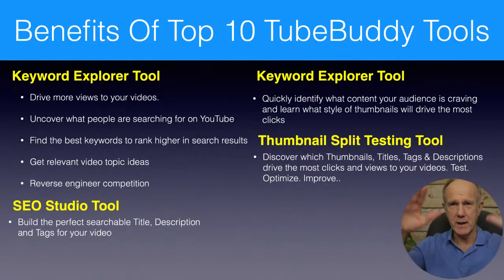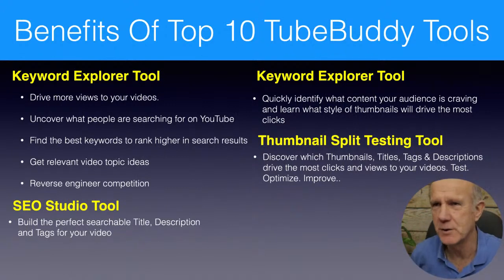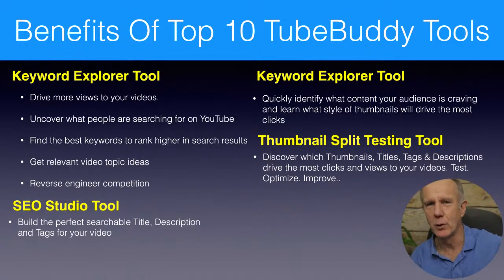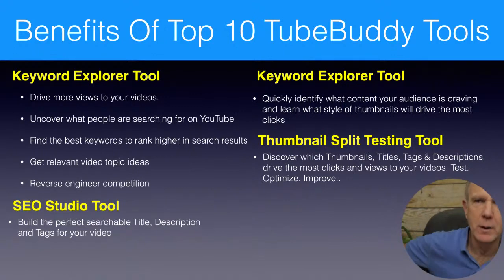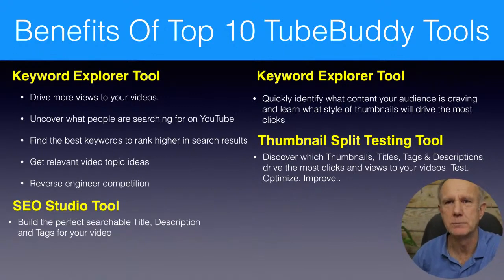And once you've set up that page, I think somebody mentioned a title page, then you can save all that information and it can be quickly added to the video that you wish to upload.